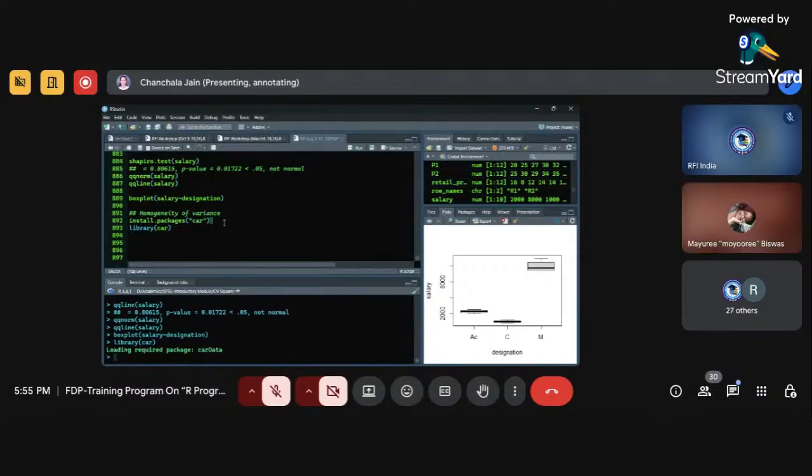So you need to run both lines. I already have this package, so I'm not installing it again. You can run this install line and then the next line also.